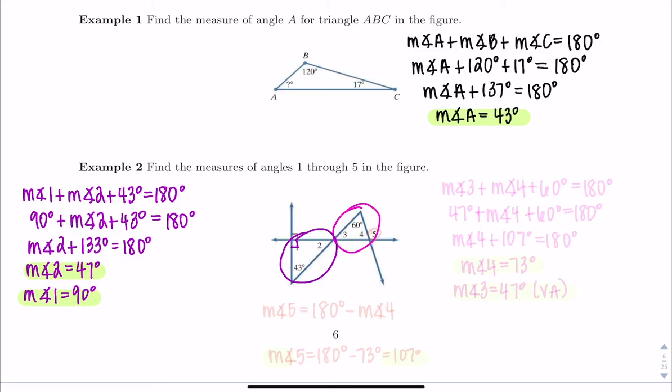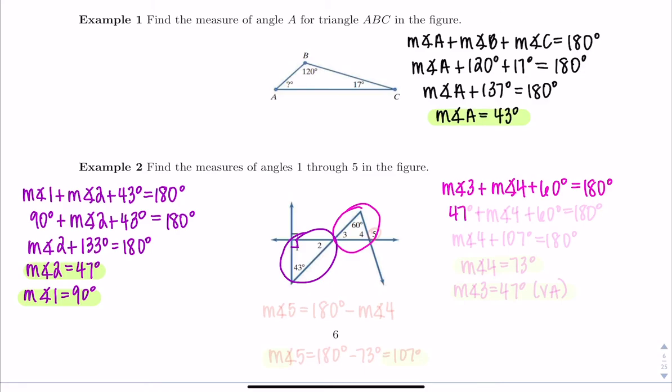Now let's go over to the pink triangle. We have that the measure of angle 3 plus the measure of angle 4 plus 60 degrees equals 180. We know that the measure of angle 3 is 47 degrees because it's a vertical angle with angle 2.